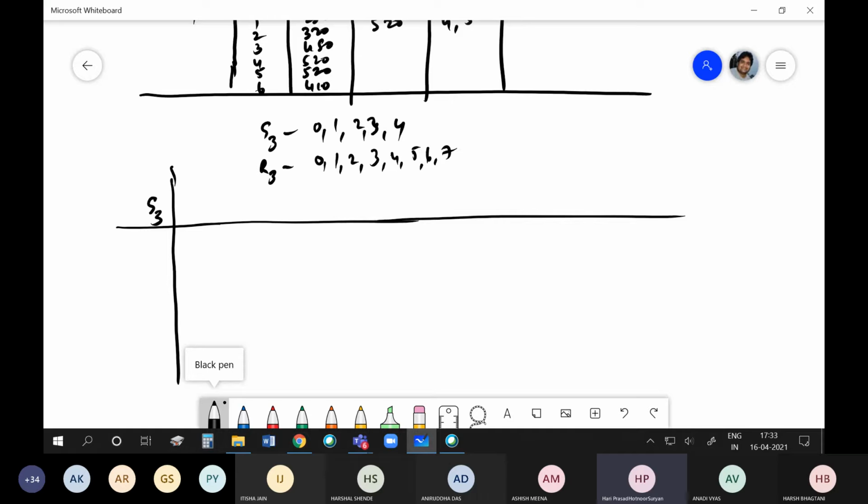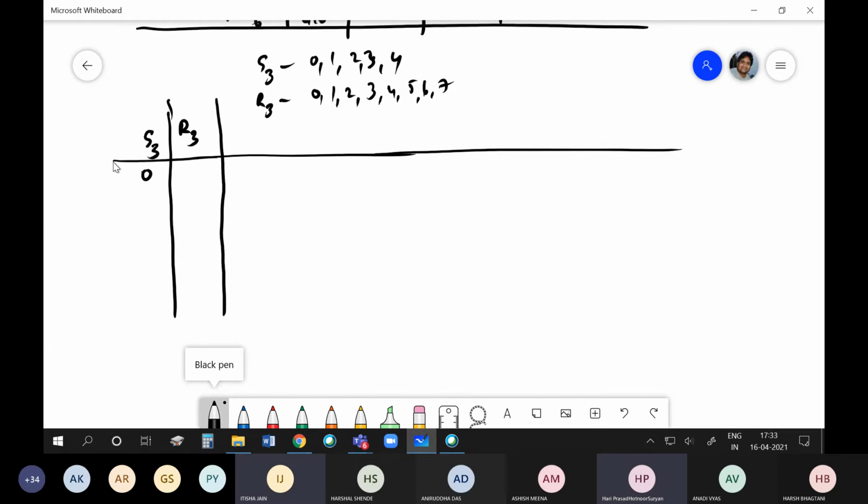So S3. The first value is I can have 0. What are the possible values of R3 for this? 0 to 3: 0, 1, 2, 3, because 3 units are coming. Then what do we have?